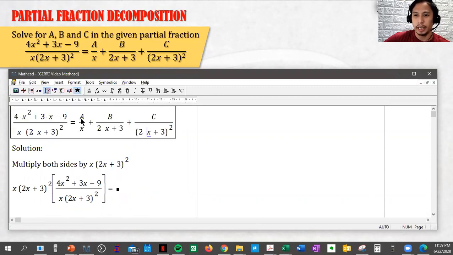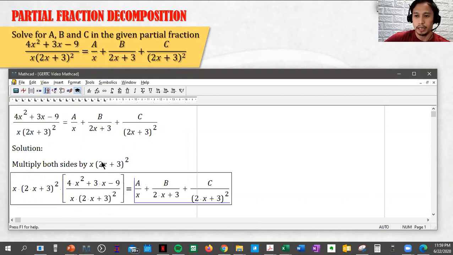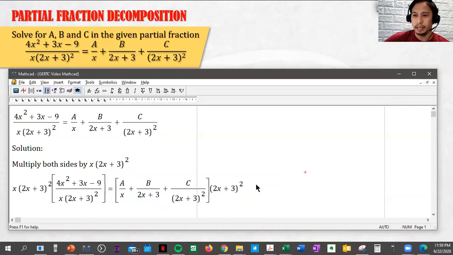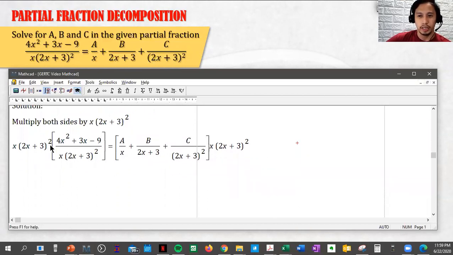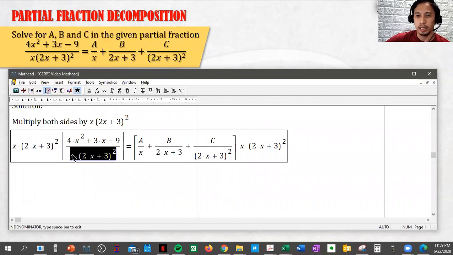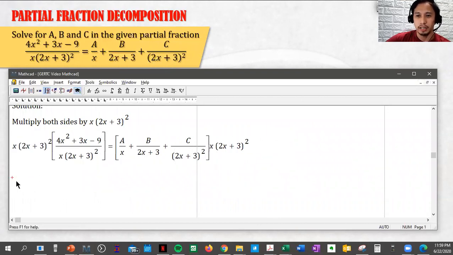We are to multiply this by x times 2x plus 3 quantity squared. Now, what will happen? Of course, the denominator will cancel. So, that leaves us the numerator, so that's 4x squared plus 3x minus 9 at the left side.